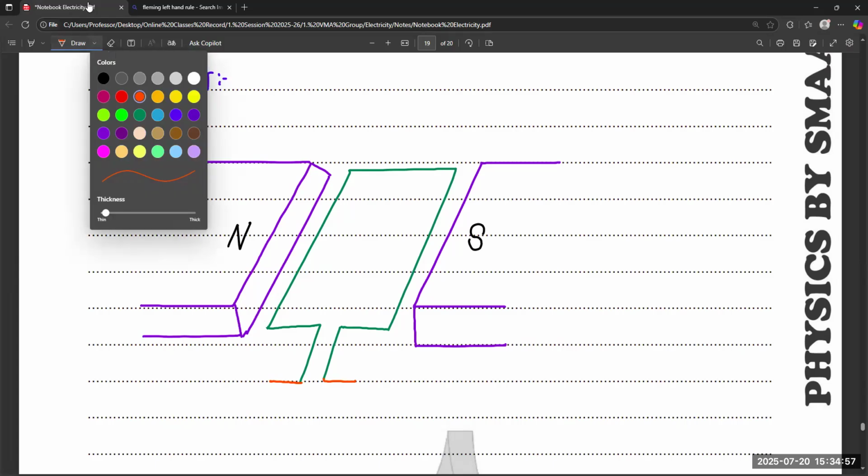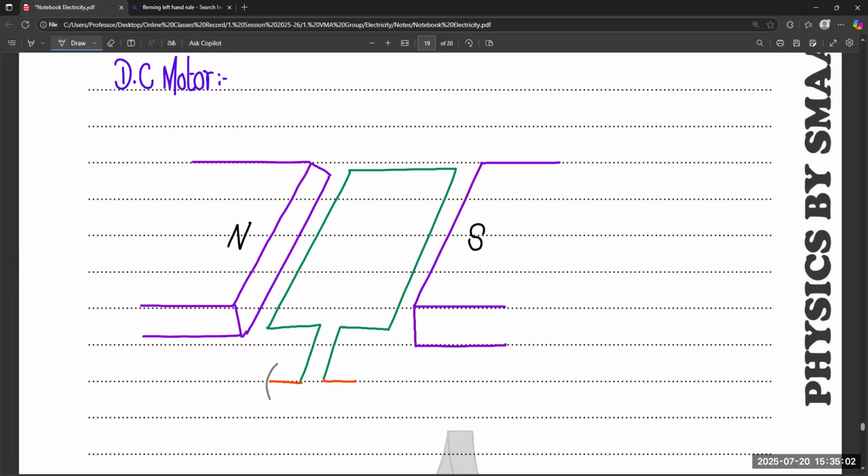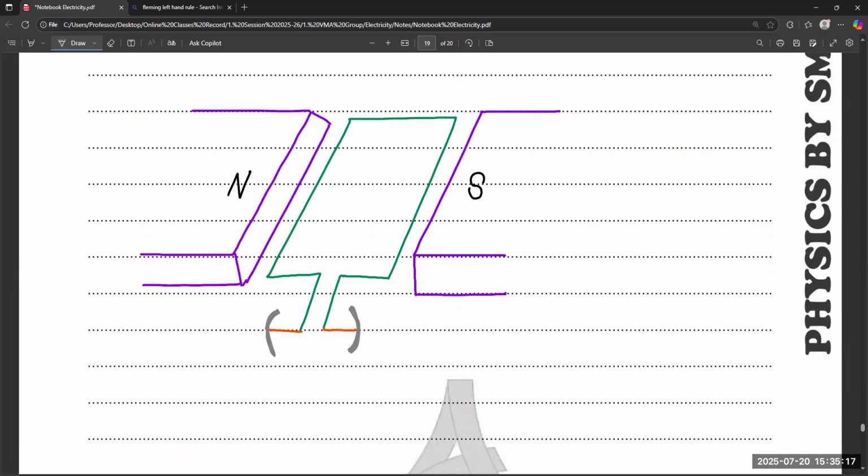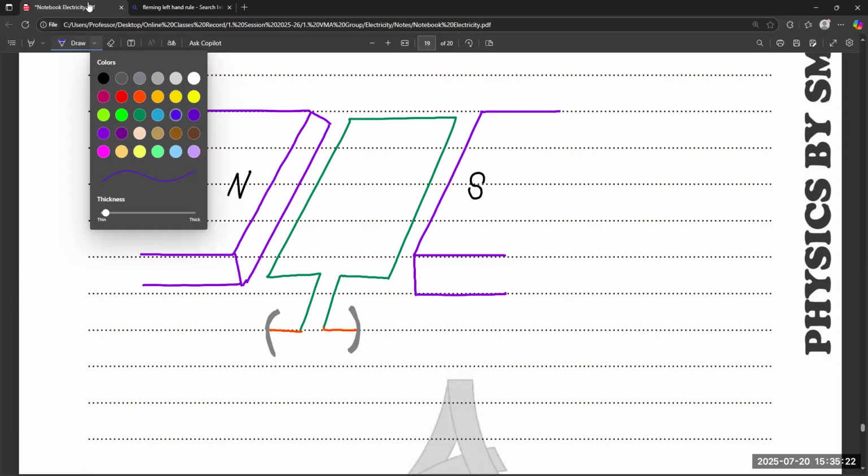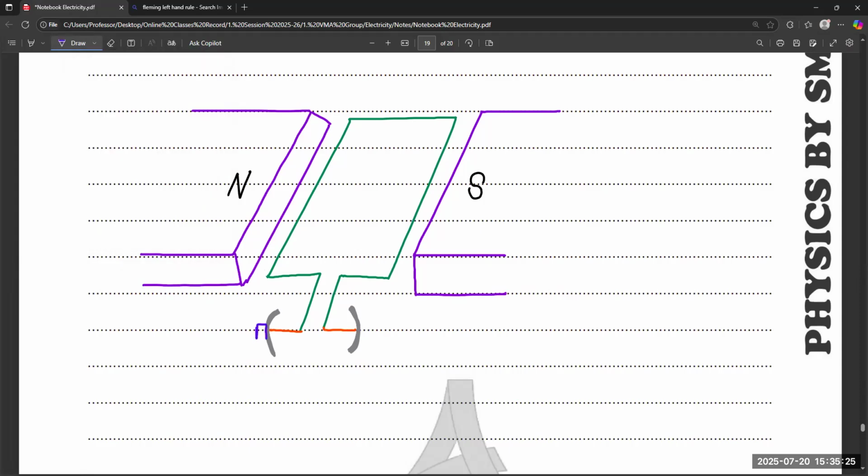We have a ring setup. So these wires are connected with this type of ring. And then on the sides of the ring, we have another component called carbon brushes.